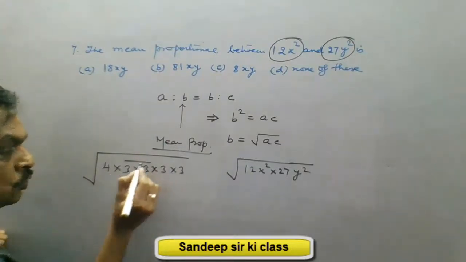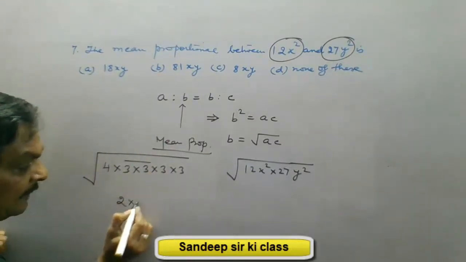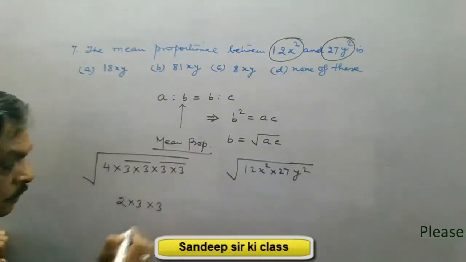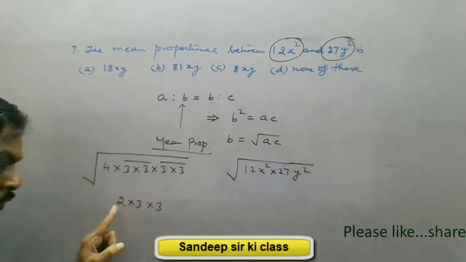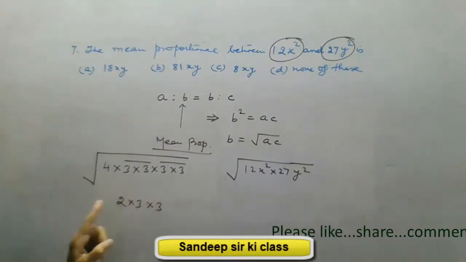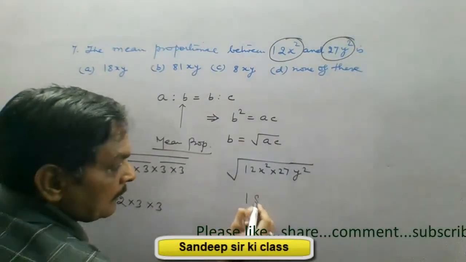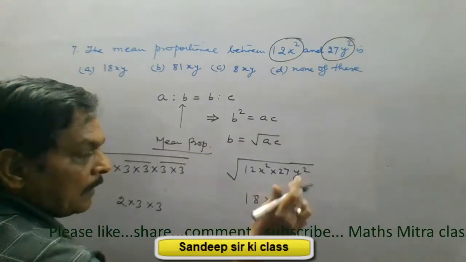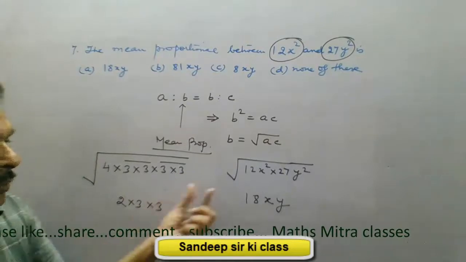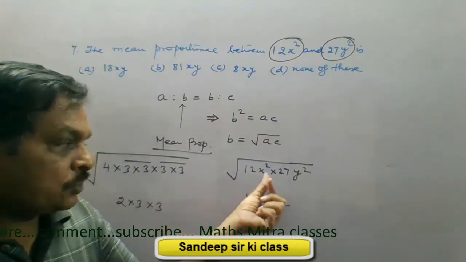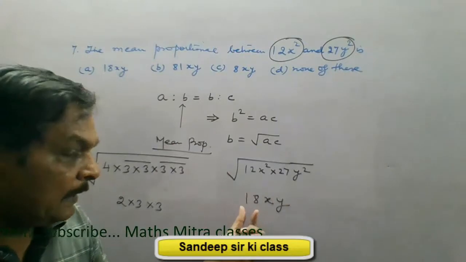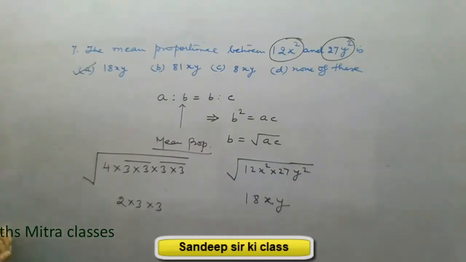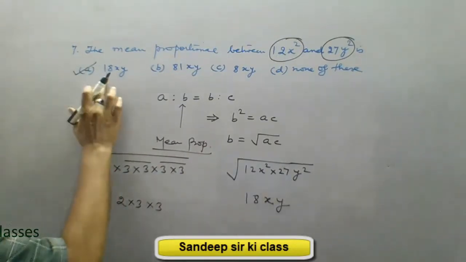Then of these two 3's, I take one 3, and again of these two 3's, I take one 3. So the square root will be 2 into 3 into 3, which gives me 18. X square under root will be x and y square under root will be y. So the square root of 12x square into 27y square will be 18xy, which is my option A. Therefore, the mean proportional will be 18xy.